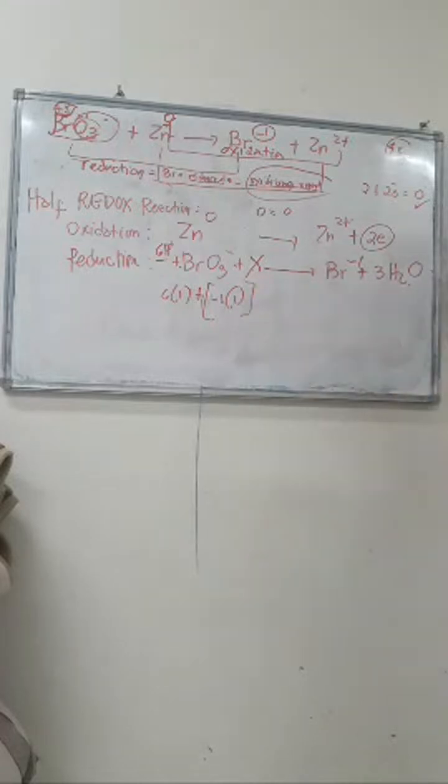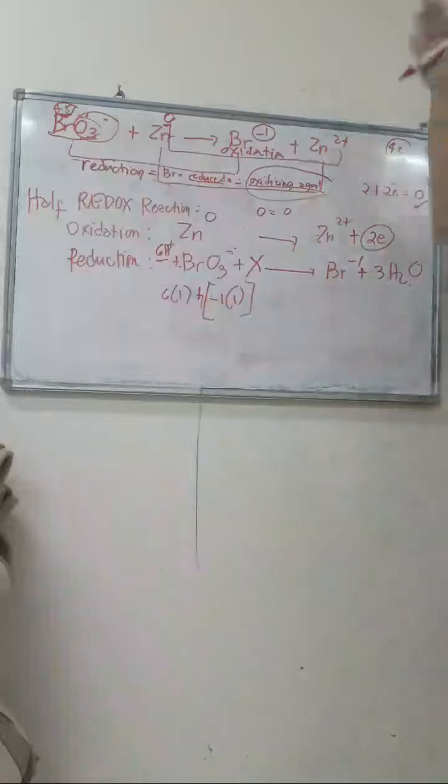During the balancing of your charges, you don't have to worry about the subscript. You only have to worry about the coefficient, the number of moles written beside the element or atom. You apply that with the charge at the top individually.